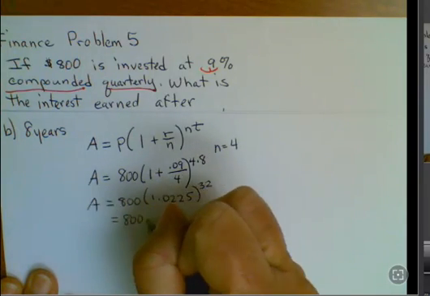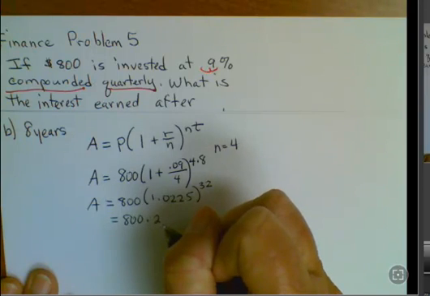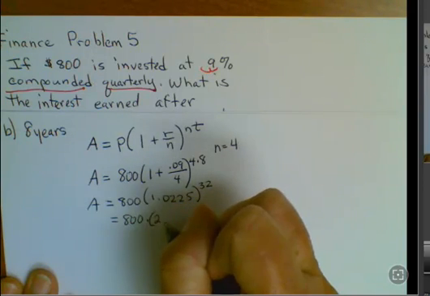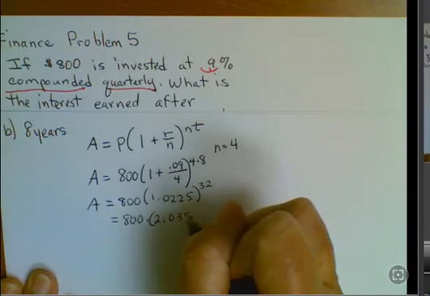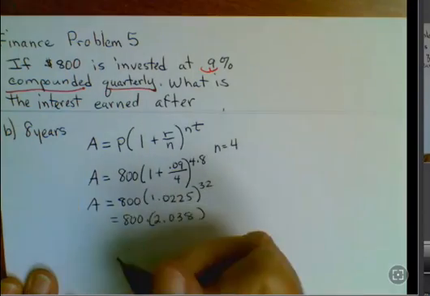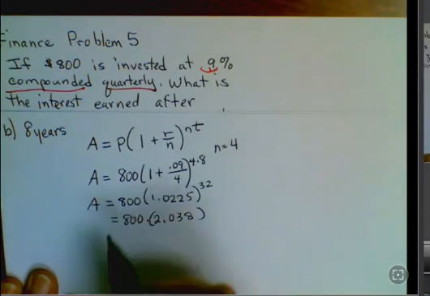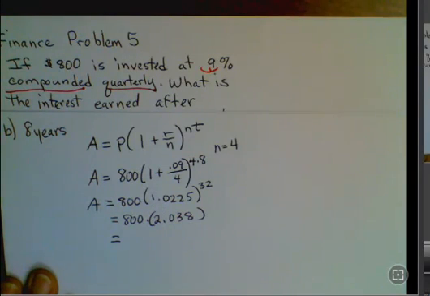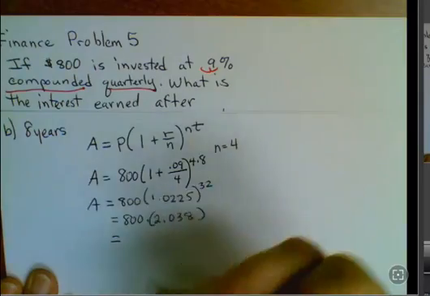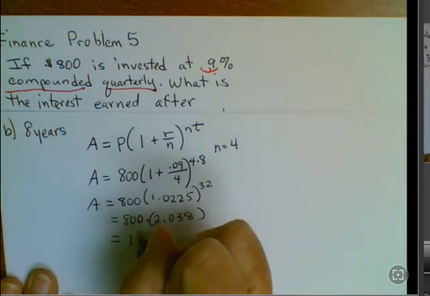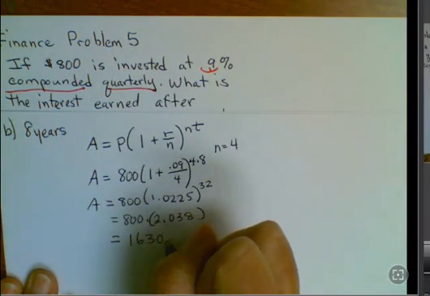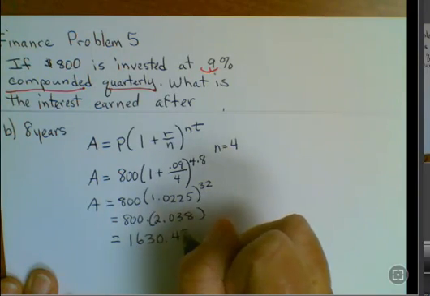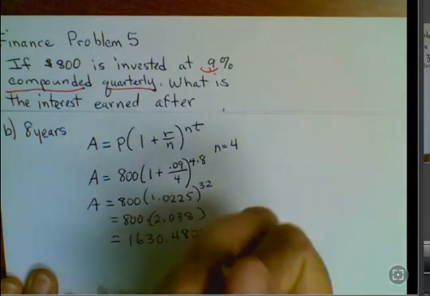I'll write it just so you have a little bit. It is 2.038. Multiply that by 800. And I get 1630.4824.